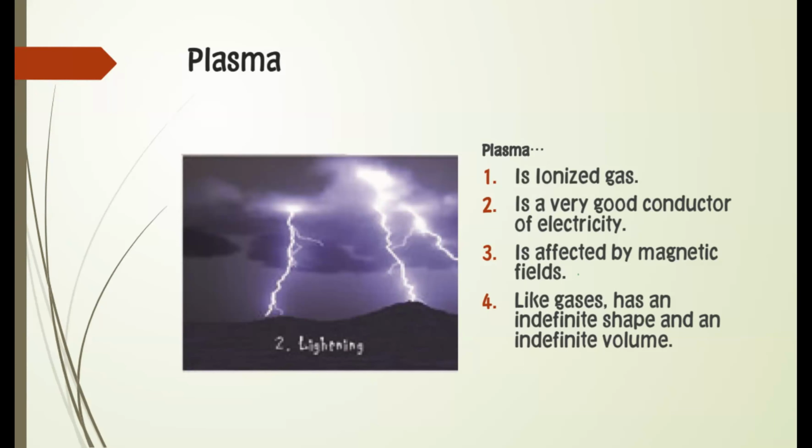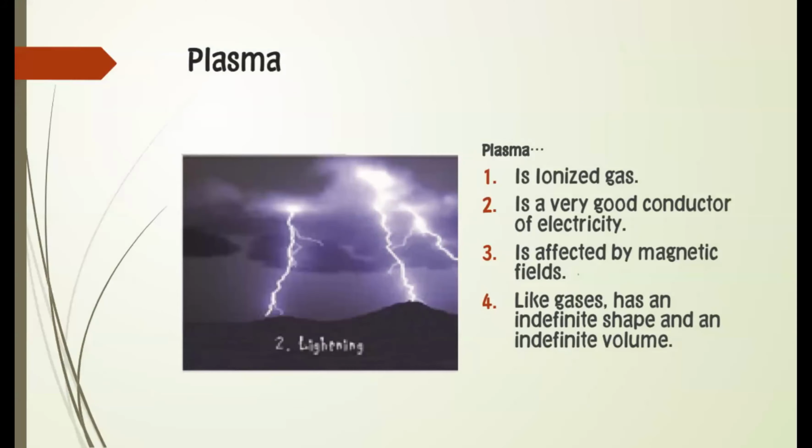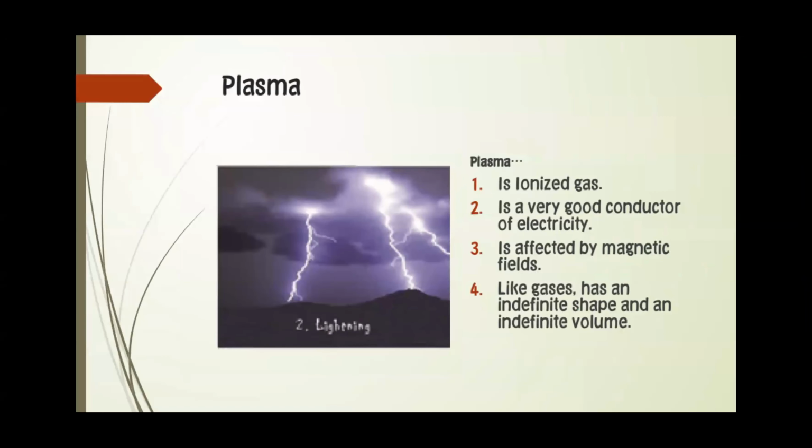Someone is asking, how is plasma affected by magnetic field? Now, when they say something is ionized, that means it is separated into positive and negative ions.